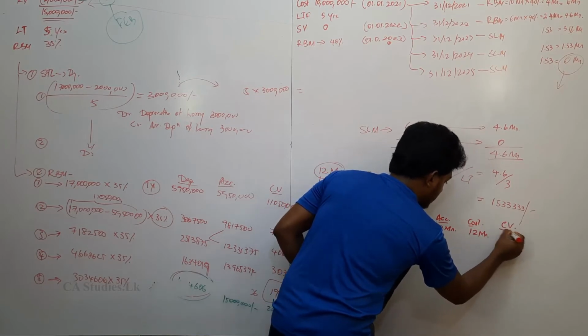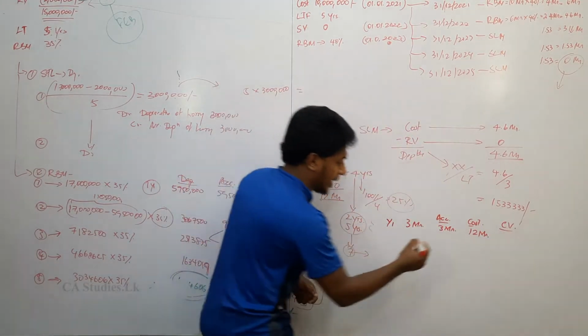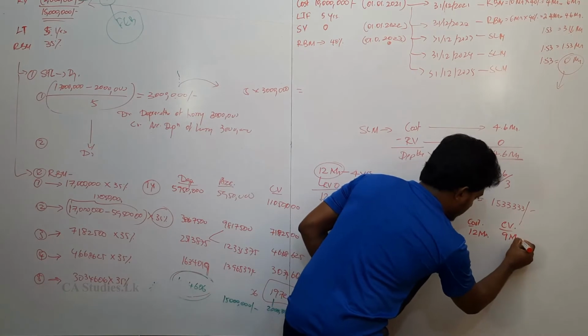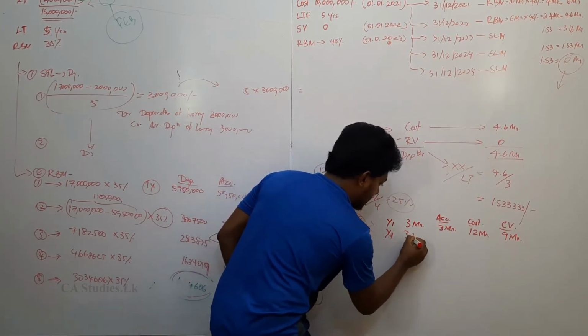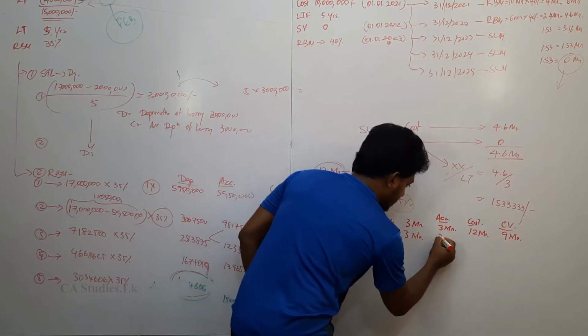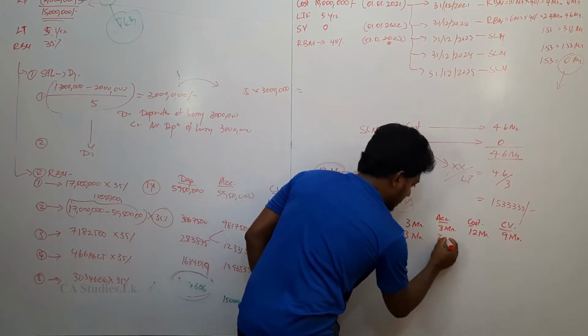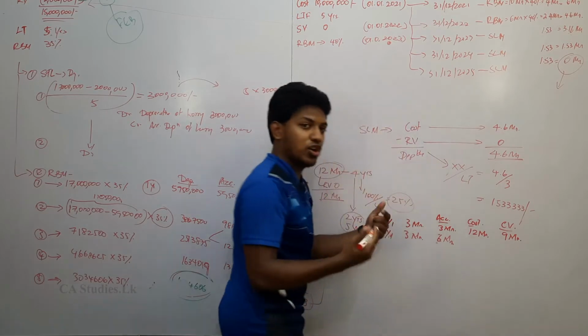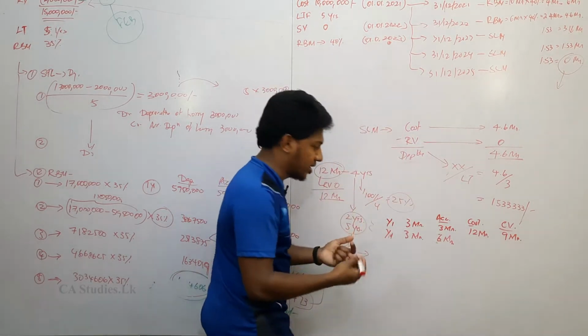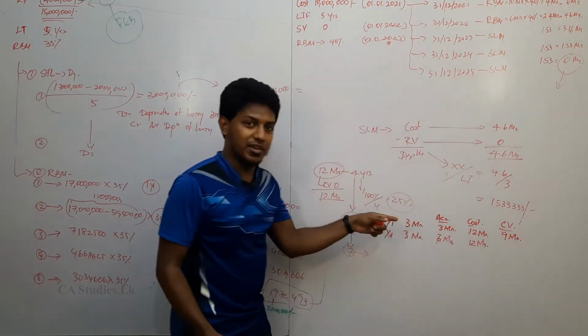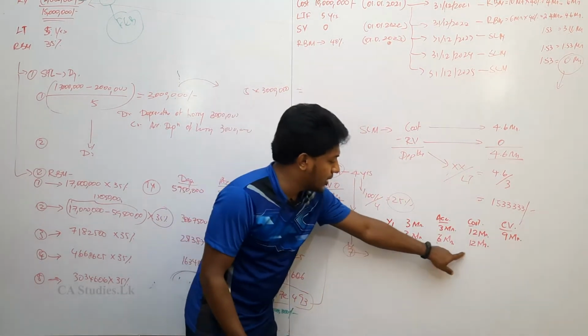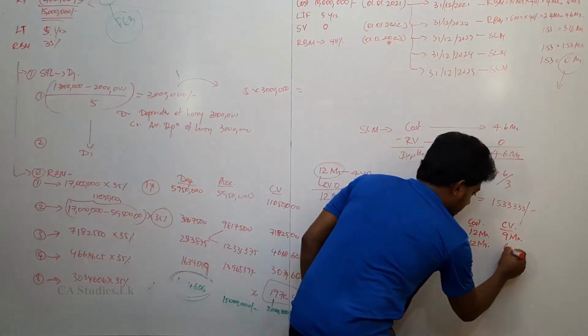Carrying value is 12 million minus 3 million, 9 million. Second year depreciation is again 3 million, no change. So accumulated depreciation is now 6 million. Cost of the building does not change, no renovation, no revaluation. So again 12 million. This is the table we normally use. 12 million minus 6 million, carrying value is 6 million.